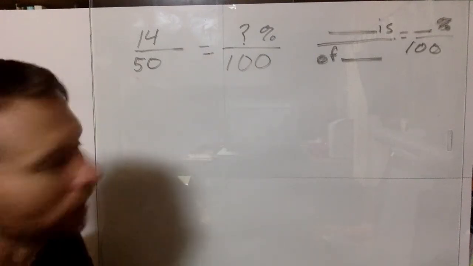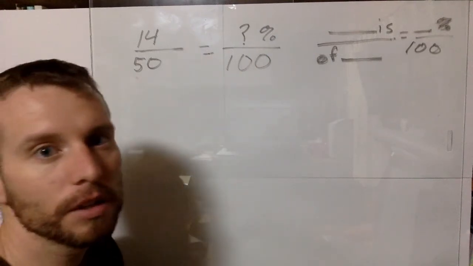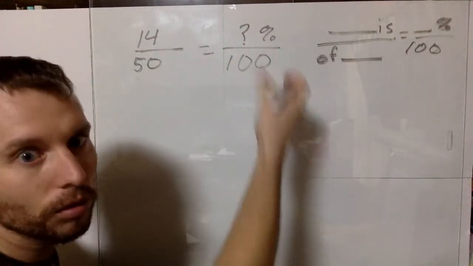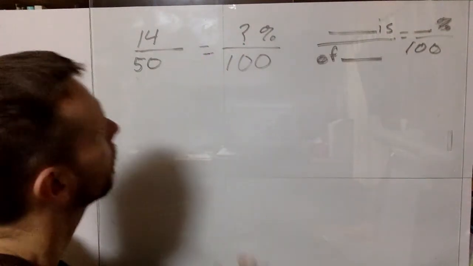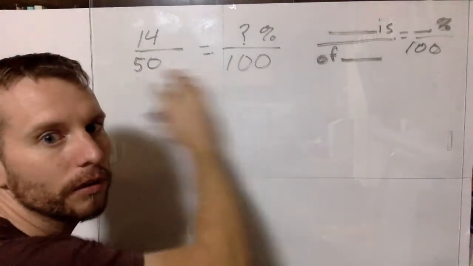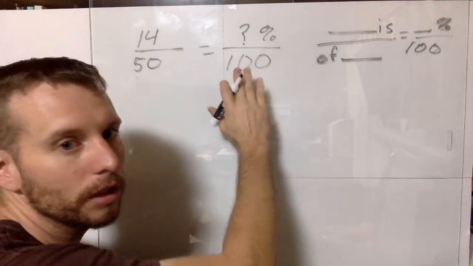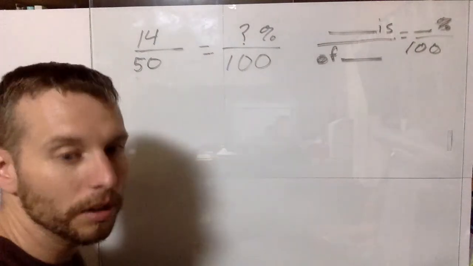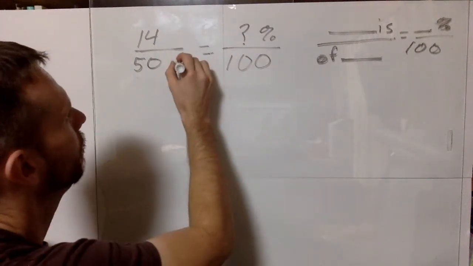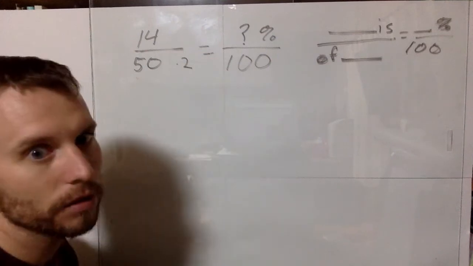So again, I'm giving a lot of explanation. You need to write these things down that I'm saying, or else you won't plug this in correctly, I think. Now we have the proportion of 14 over 50 equals something over 100. I'm not going to redo how to do proportions. I think most of us can see that 50 times 2 equals 100.